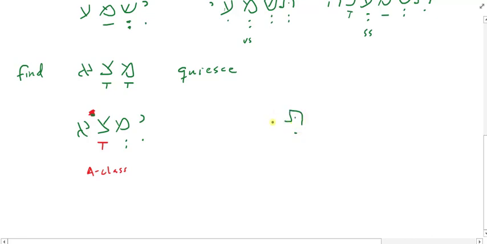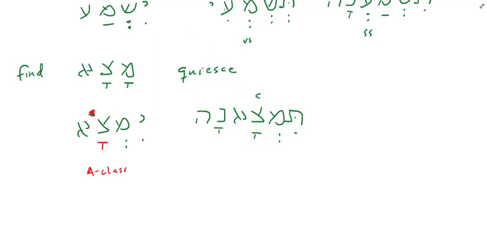I would have expected something like Tim Sa Na. Okay? Tim Sa Na. Here, the one change now is that the theme vowel under Tzadi changes from a kametz to a segol. Okay, so I'm going to see a segol aleph here as my pattern instead of the kametz that I've been seeing throughout the paradigm in the cal imperfect.